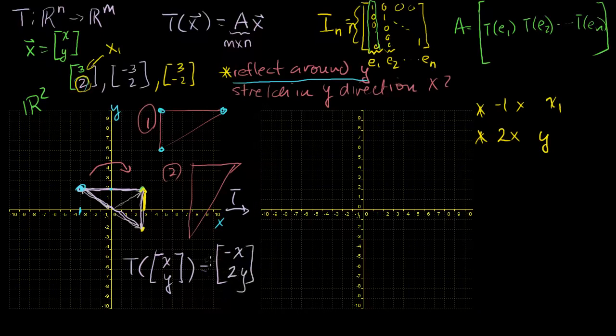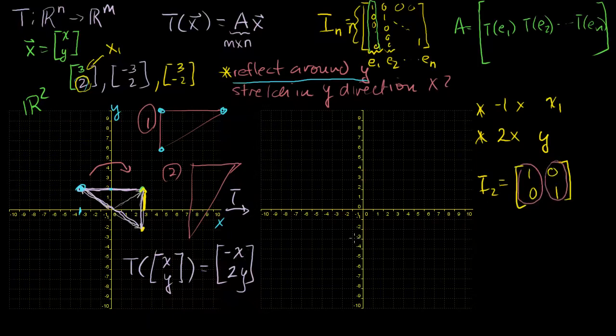So that's how I could just write it in transformation language, and that's pretty straightforward. But how would I actually construct a matrix for this? So you start off with the identity matrix in R2, which is just 1, 0, 0, 1. And you apply this transformation to each of the columns of that identity matrix.